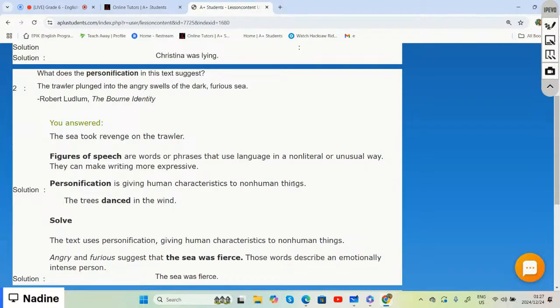So the words that we think it means is that the sea was fierce, because we have words like angry and furious, and those are words that describe how the sea was.